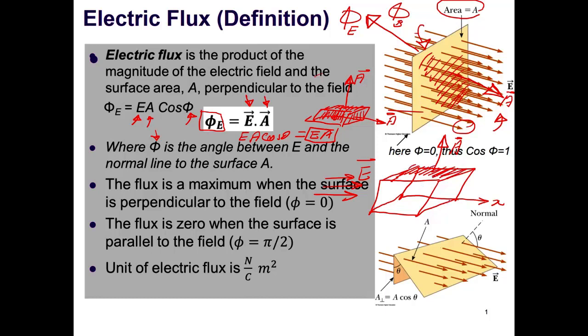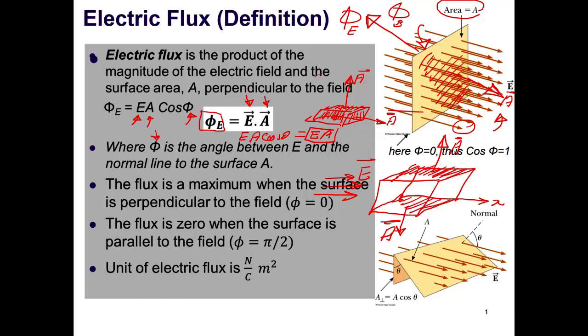The same way, what's the flux going through the bottom one? Again, area is downward, the electric field is to the right, the angle is 90, so again it's 0. What about the front surface? The area comes out from the screen, and again the angle is equal to 90. So there is no flux going through the top, bottom, front, or back surface.